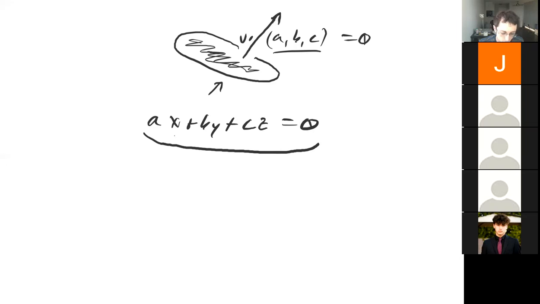Like if you have 3 linear equations and 3 variables, you're certainly able to find a solution, right? As long as they don't directly contradict each other or something. No, as long as you're always able to find a solution.